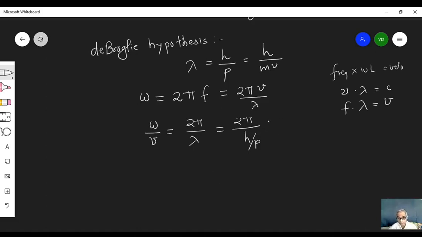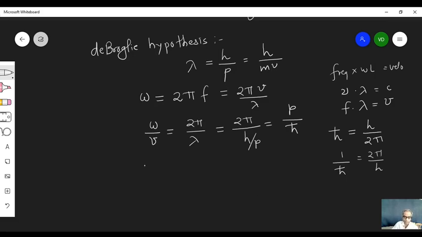Now we can solve this, and we define one constant which is called h cross. H cross is h divided by 2 pi, and obviously 2 pi by h will be 1 upon h cross. So p goes to the numerator, so p divided by h cross, where p is the momentum of the particle.